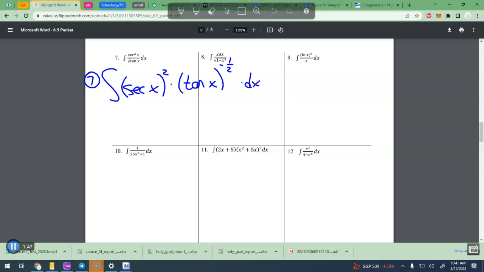Let's say u equals tan of x. Alright, well if u equals tan of x, then it'd be u to the negative 1/2, and I gotta see if this can transform into du. So what's the derivative of tan? Go for it, I'm waiting for anybody to say anything.